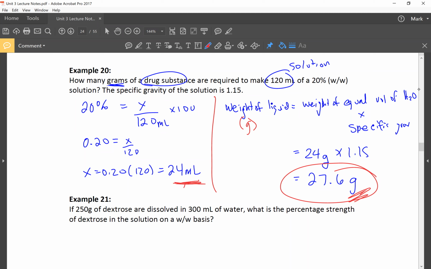However, when I tell you the specific gravity, now you can do the conversion. And if you're wondering where the 24 grams comes from, it's because 24 grams of water would be the equivalent weight. Very important that you recognize that this would be water. And I multiply that by 1.15, which is my specific gravity, to finally find the grams.